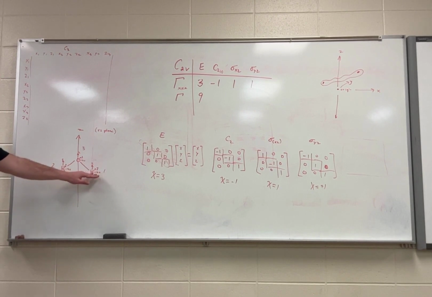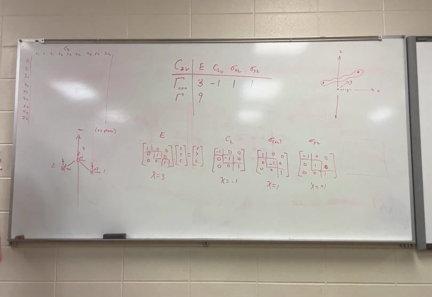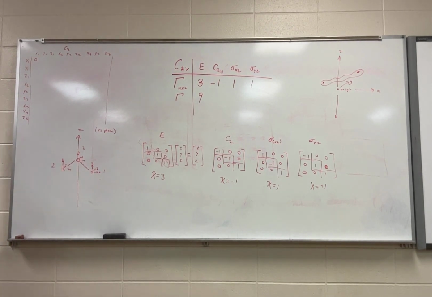Notice the hydrogen atom 1 whips over to this side, and so the vector x1 is not in the same place. It moved, right? So it contributes nothing to the character of that representation, right? We're only interested in the diagonal terms in determining the characters. The y1 also moves out of position and contributes nothing to the character.